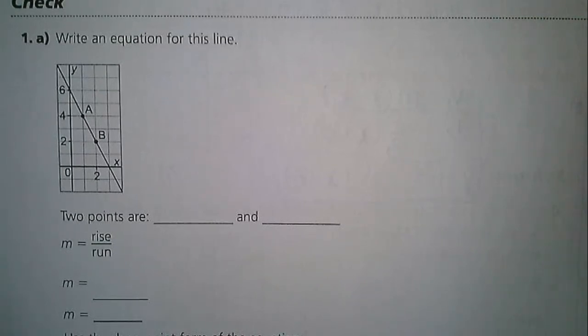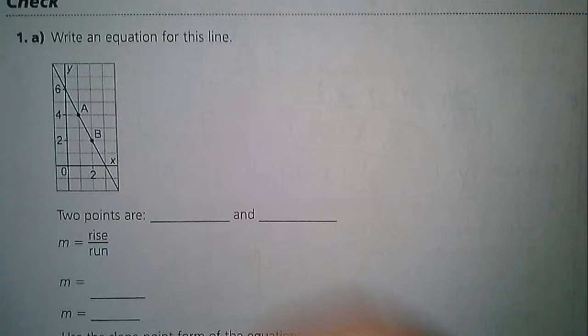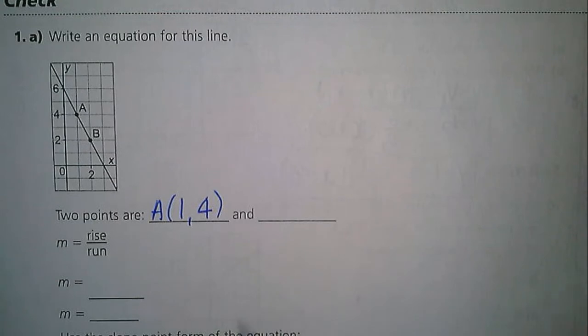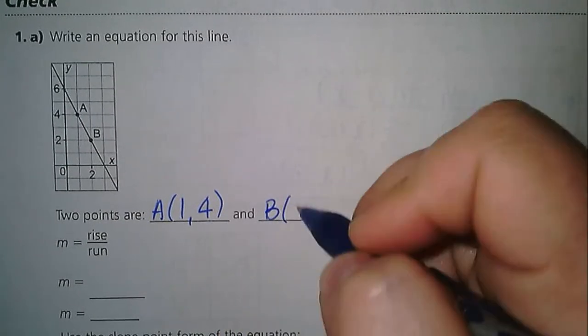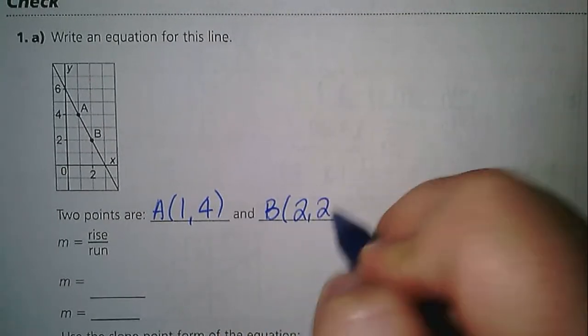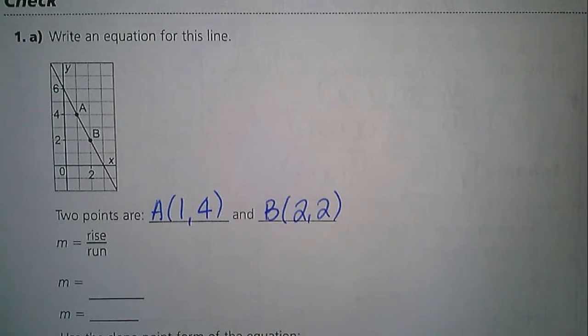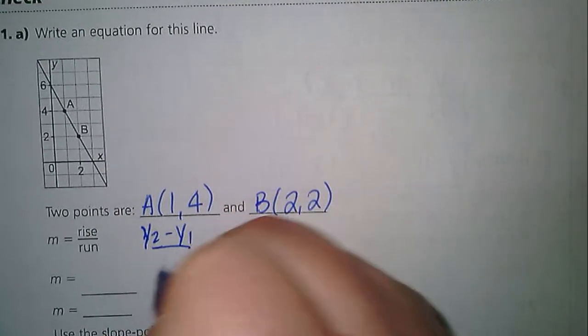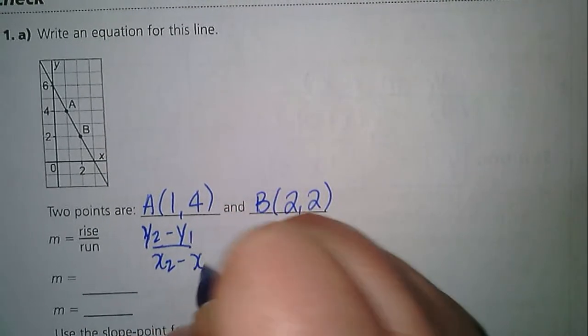Okay, so the 2 points that I've been given are point A, which is 1 and 4, and point B, which is 2 and 2. So remember, I can do this in two ways. I can do rise over run, or I can do (y2 minus y1) over (x2 minus x1).